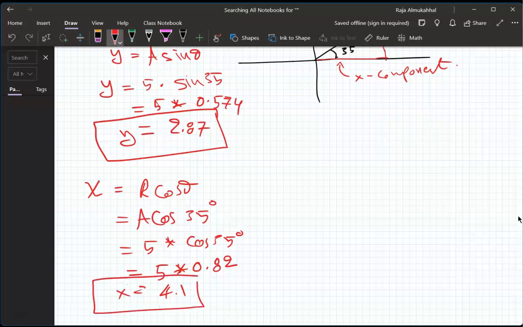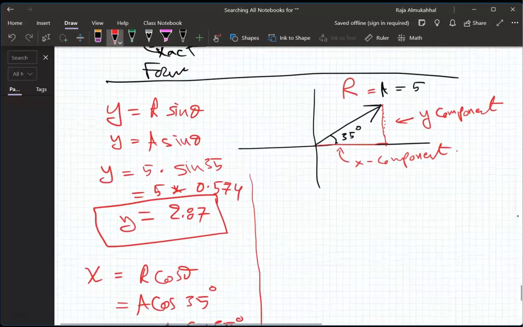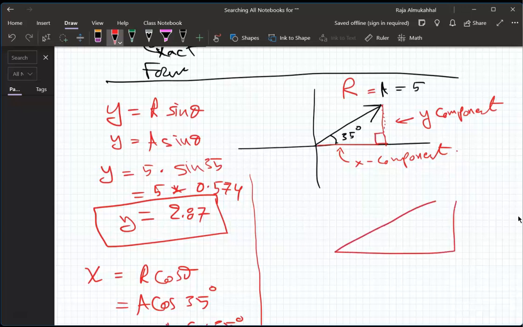Now, how do I know that I've done it correctly? Well, go back to the triangle. Remember, this is a triangle here, right? Here is the triangle that we have. Looks something like that. It's difficult for me, I still haven't developed a skill for using the stylus pen that I have.